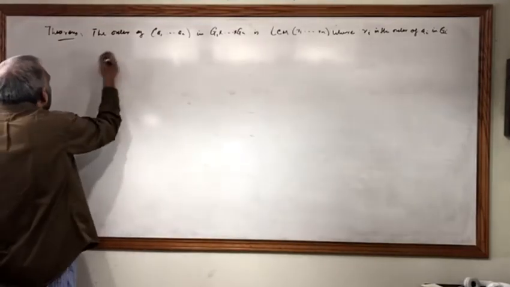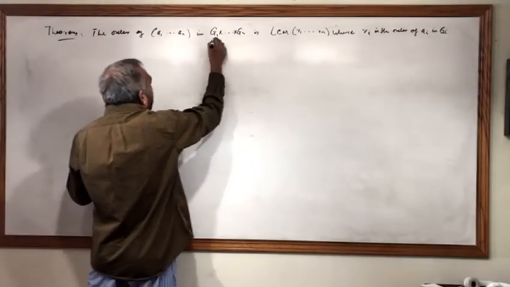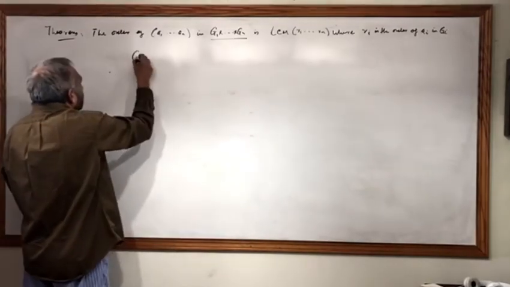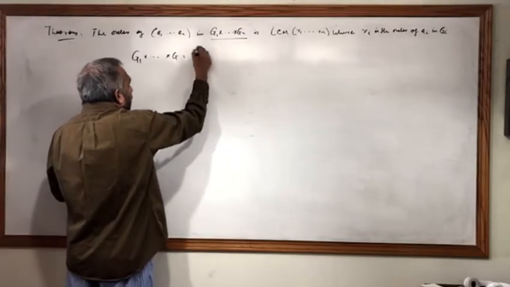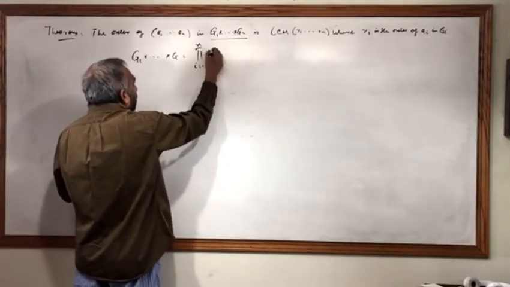By the way, there is another notation for this direct product. It's the product over i equal to 1 to n of Gi.